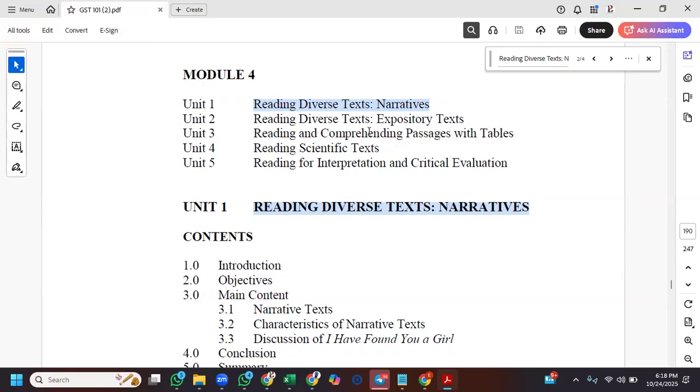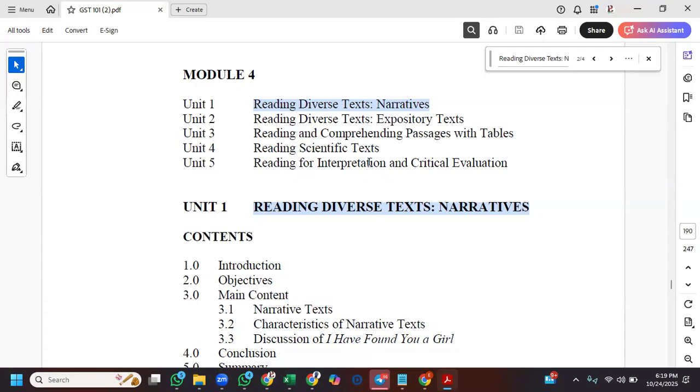That is what this topic wants to teach you. Then reading scientific text. For those of you in the science department, scientific texts are mostly filled with calculations, abbreviations, symbols, SI units and measurements and the rest of them. So how do you read those kinds of passages and then understand them?